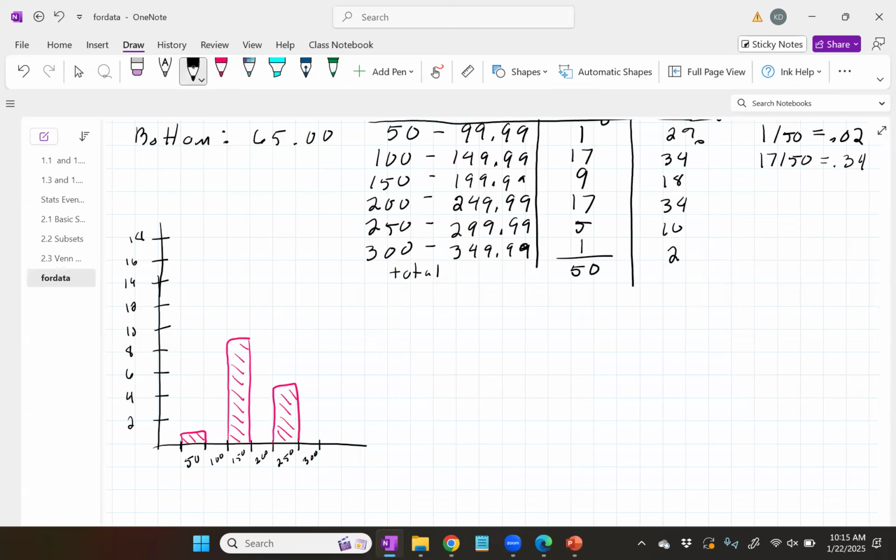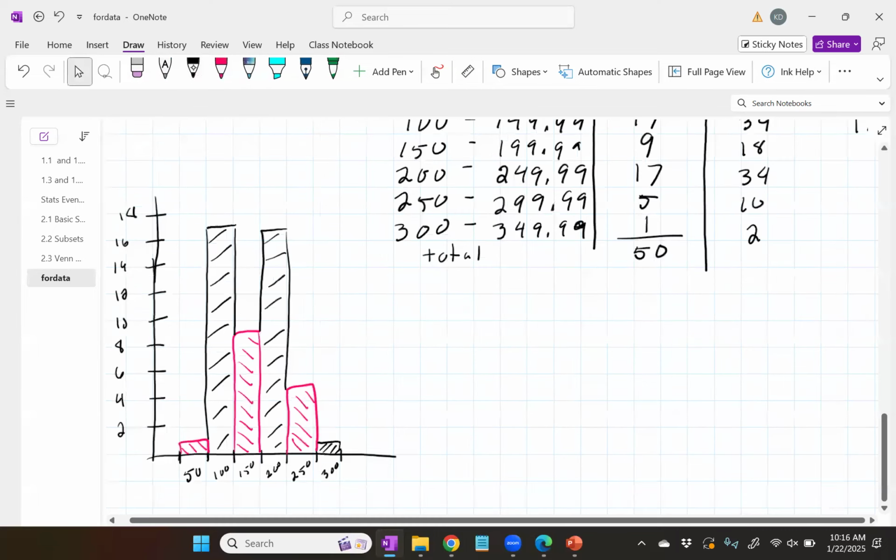This one gives me 17, which is way up here. Oh, 17 as well. And we get 1. So we make a little histogram.